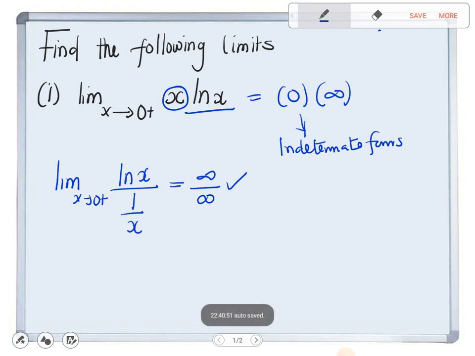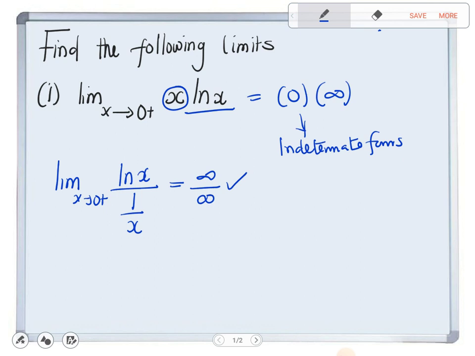Now that we have arrived at this, we can use L'Hopital's rule to work this out. L'Hopital's rule requires us to differentiate the numerator and the denominator.